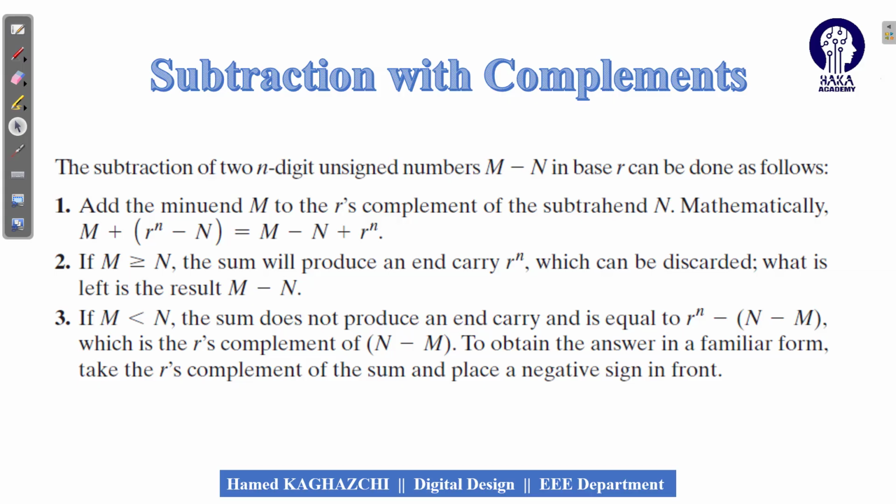I say that first of all, find the 2's complement of N, then add it to M. If the result has a carry, discard the carry, and the rest is the result. If we don't have a carry in the result, find the r's complement of the result again and place a negative sign in front.